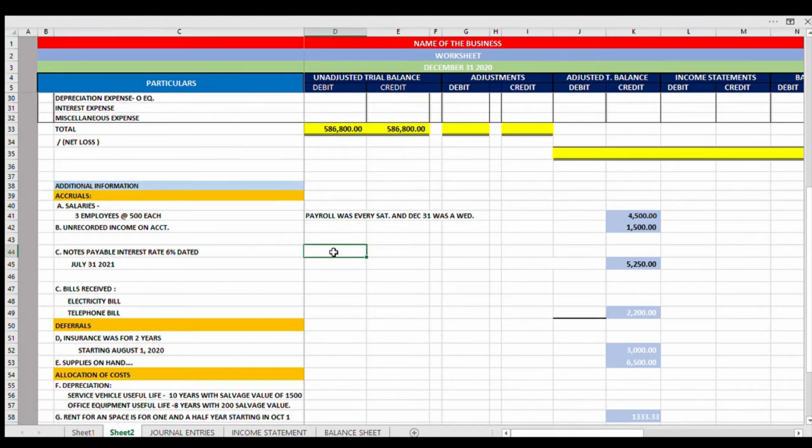So it is 210,000 times 6%, no? Whatever the product is, you will multiply it by 5 over 12. So, this one, I will indicate this here.